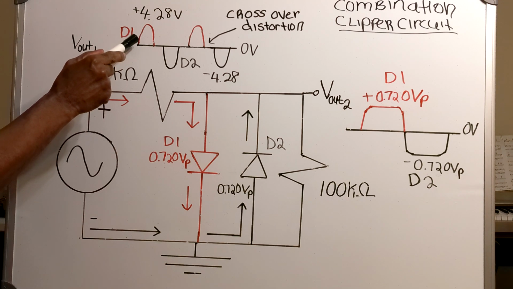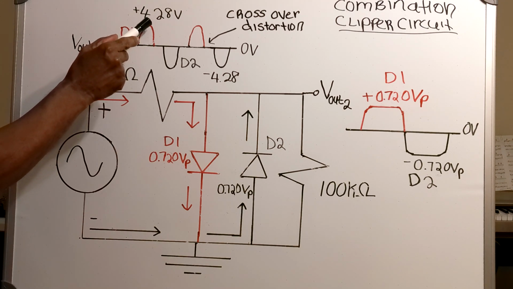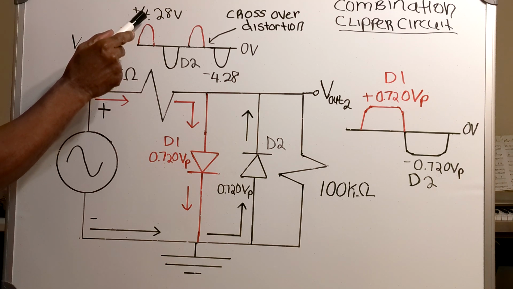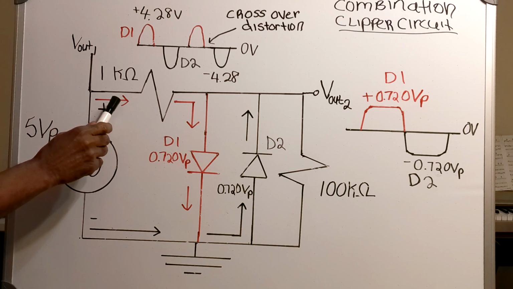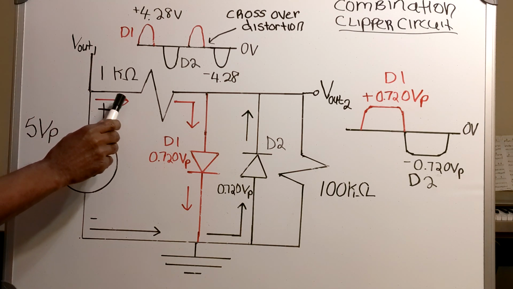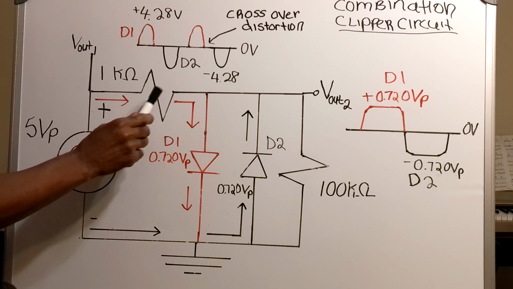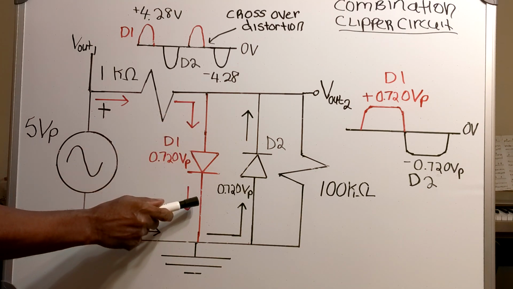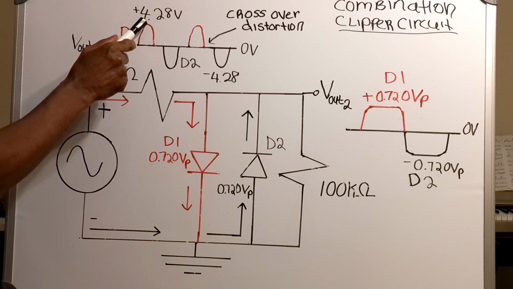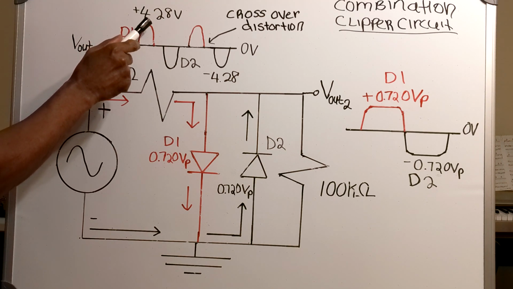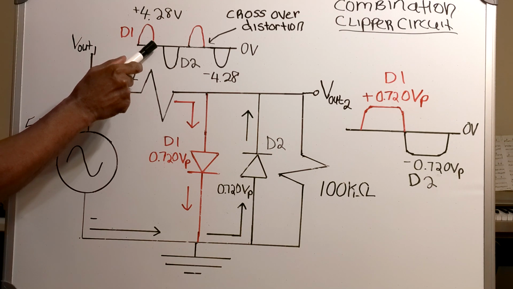The positive half cycle flows through the resistor and it reaches a peak voltage of 4.28 volts. That current flows through the resistor and through diode number 1. It reaches a voltage of 4.28 volts, then goes down to 0 volts.